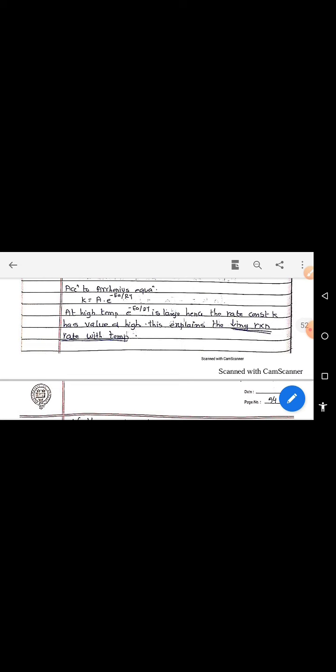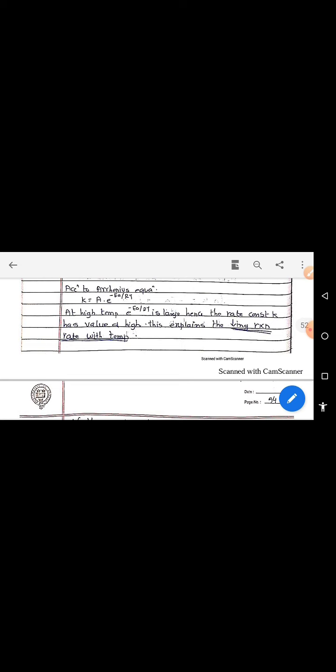At high temperature, e to the power minus Ea by RT is large, hence the rate constant k has a high value.